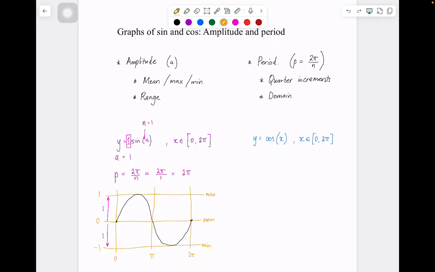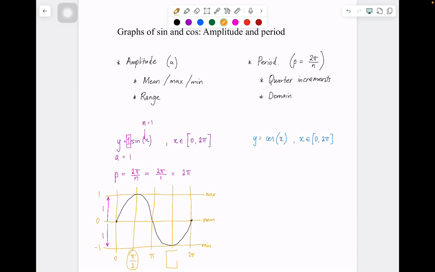This is one entire period, or one entire cycle. For this particular graph here, we are starting at 0. Now, always start at 0 for any basic graph that you're drawing. Our endpoint here ends at a value of 2 pi.